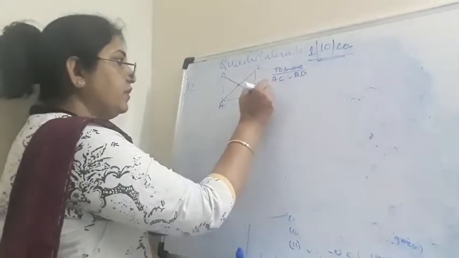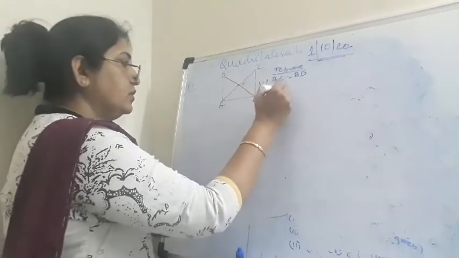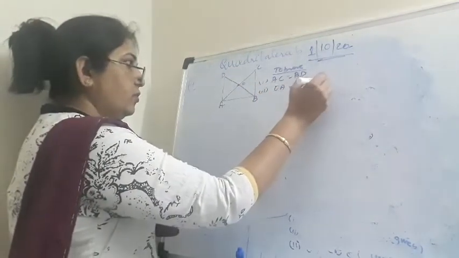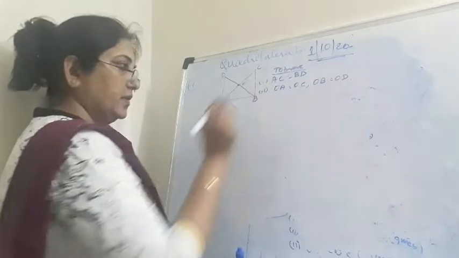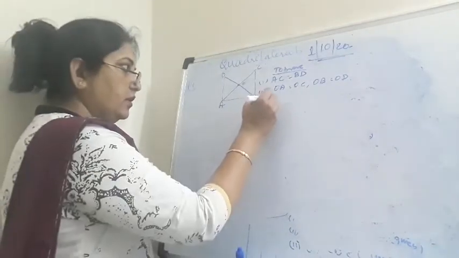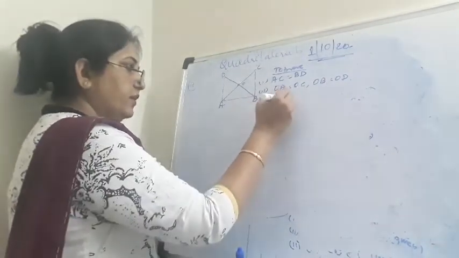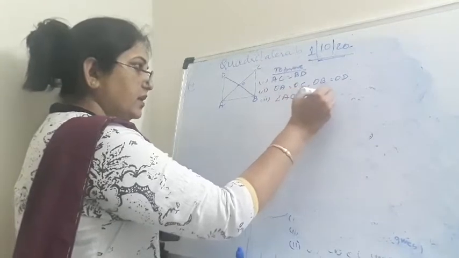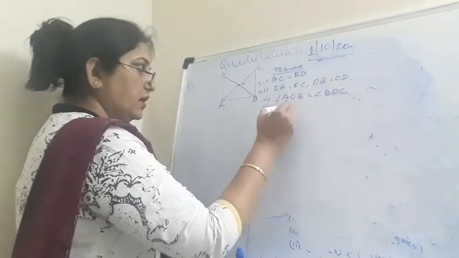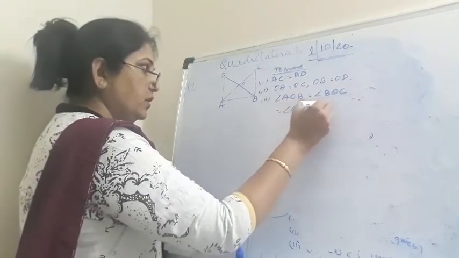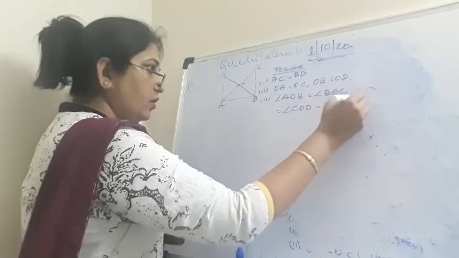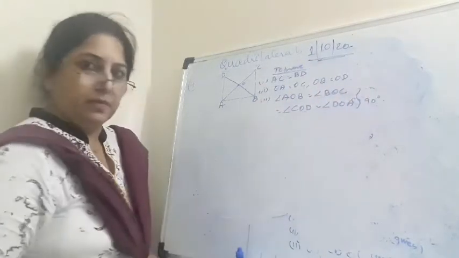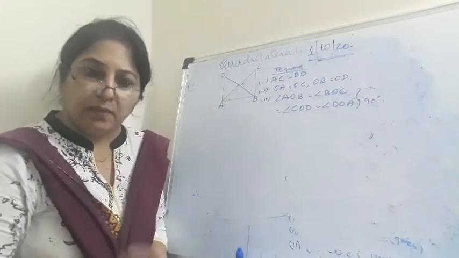So we have to prove three parts over here, children. OA is equal to OC, OB is equal to OD. This is the second part. And you know what is the third part we have to prove? That angle AOB is equal to angle BOC is equal to angle COD is equal to angle DOA, and all the four angles are equal to 90 degrees. So total we have to prove three parts over here.